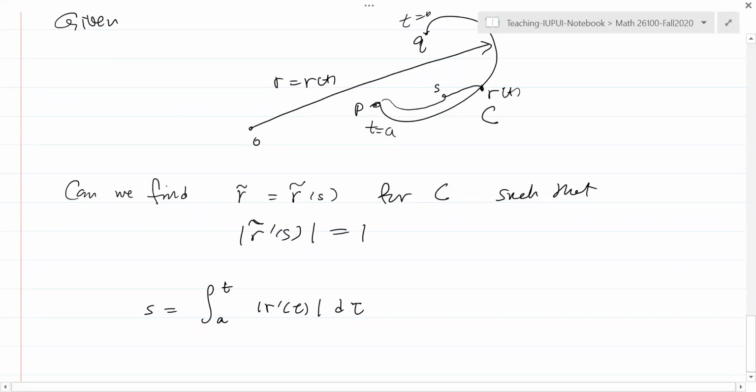That gives you the length of this portion of the curve from P to r of t.